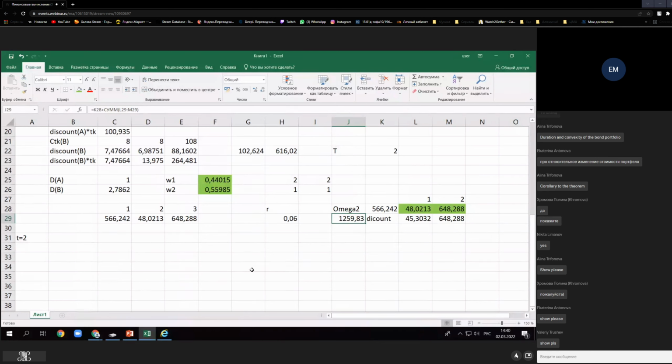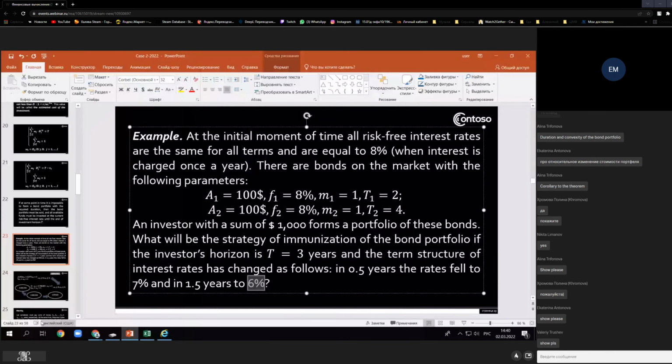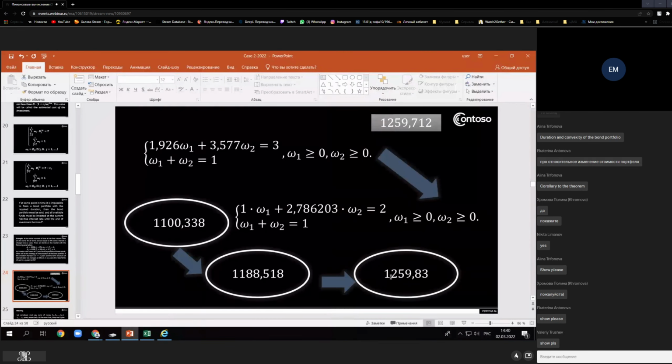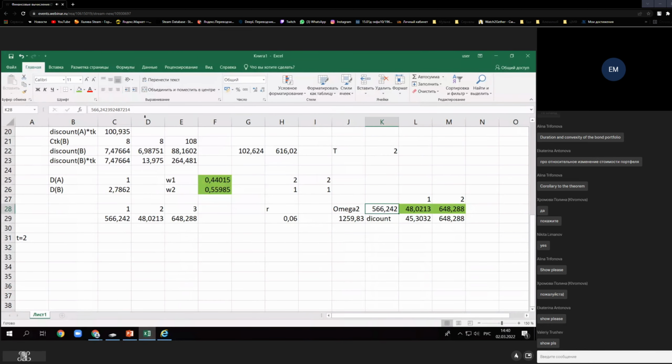What happened next? In 2 years, due to the fact the rate had changed, you can see the sum here. And what next? Next, you got this sum in 2 years, but you are not able to rebalance the portfolio.